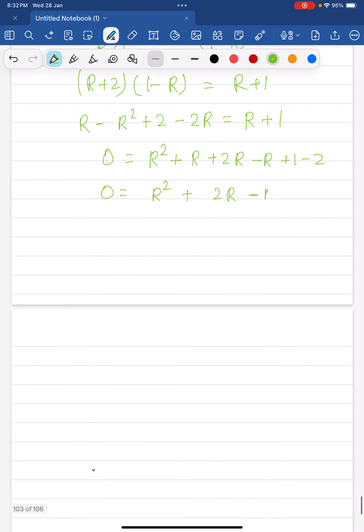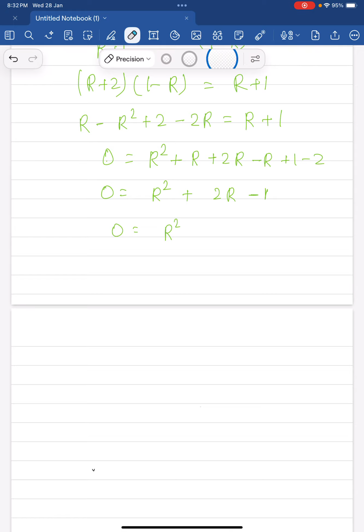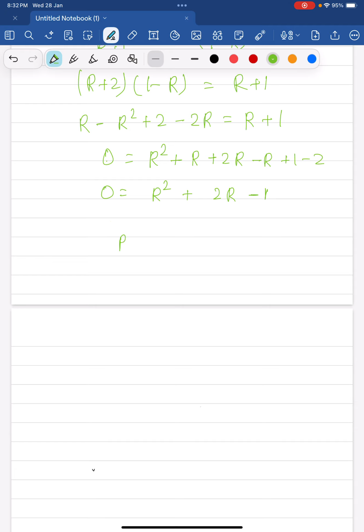So now we will calculate. So we can write here R square plus 2R minus 1 equals 0. We can use quadratic equation formula. Value of R will be equal to minus B plus minus root under B square minus 4AC, divided by 2A.